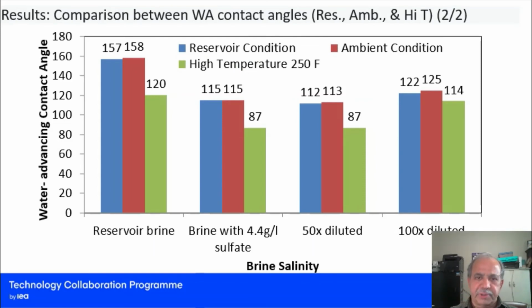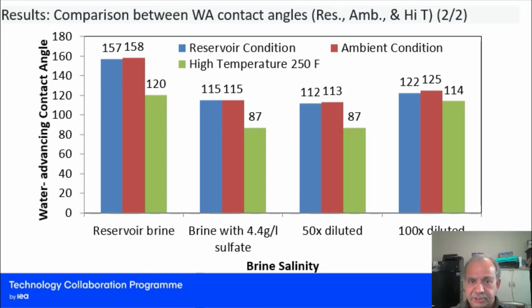Ambient condition in red, reservoir condition in blue, and green at high temperature, 250 F. And we see that at ambient and reservoir conditions, the results are pretty close to each other, 122, 125, and so on. But 50 times dilution, of course, showed a significant reduction in the contact angle, 157 to 112 degrees. And something similar happened with the 4.4 gram per liter sulfate brine, also very close to these initial conditions.